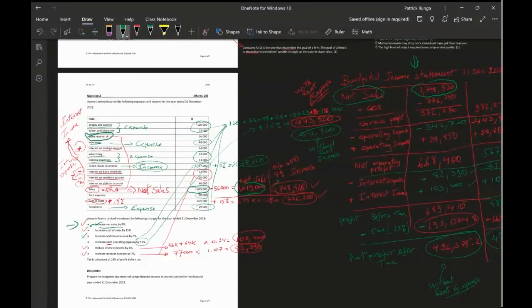What some people did, strangely, is that they took the sales, increased it by 8%, and then minused the sales returns. Okay, that was an error because they tell you here an increased net sales.